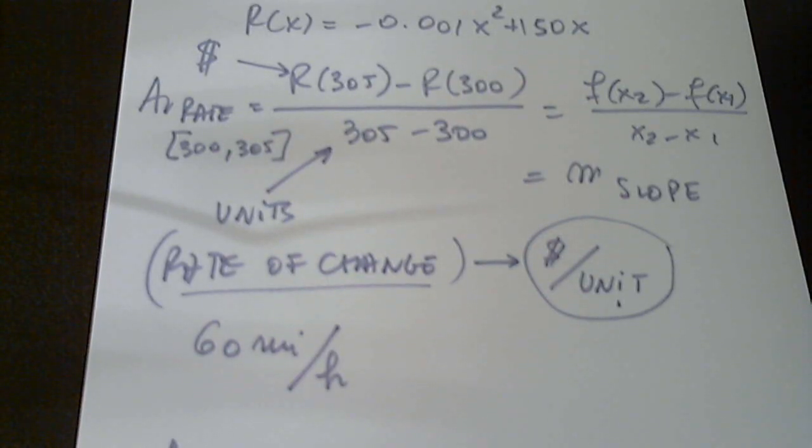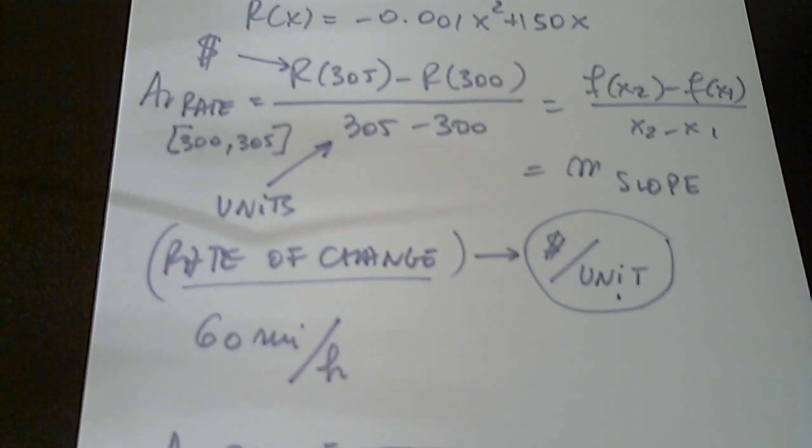And then I go to second and table, and I plug in 300, and I plug in 305. I go up, and I see these values. Highlight them to make sure that you have the entire picture.